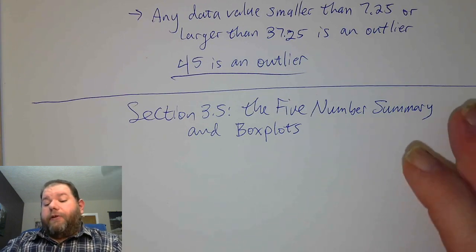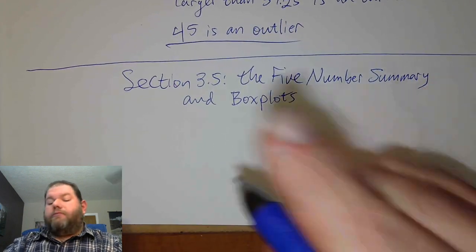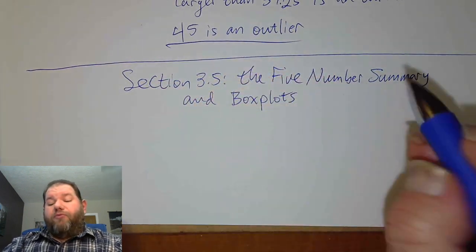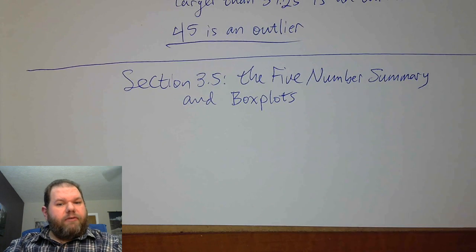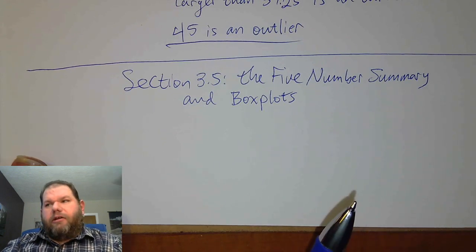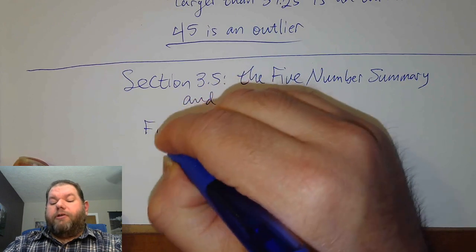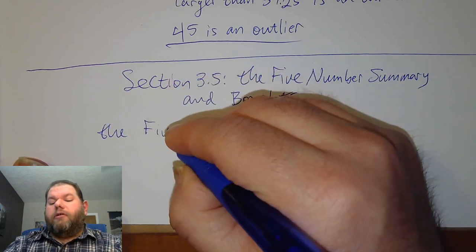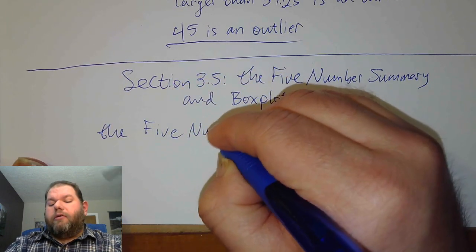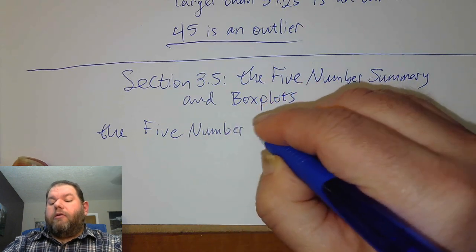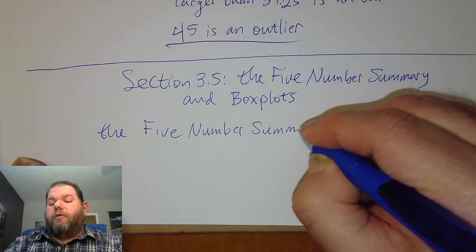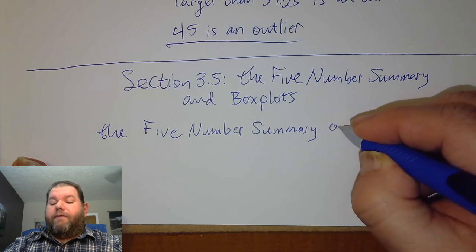Now the 5-number summary is actually something we've dealt with, all those numbers. We just haven't given them a collective name before. The 5-number summary consists of the following values.